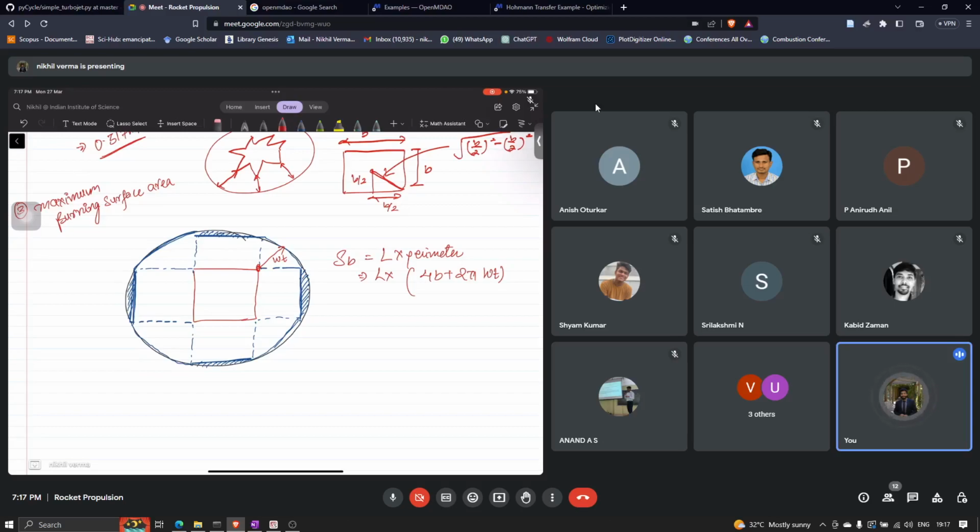This will be your surface area. 2 pi because 4 into pi by 2. So this is the quarter circle, right? We have four such things, so it will be a complete circle.